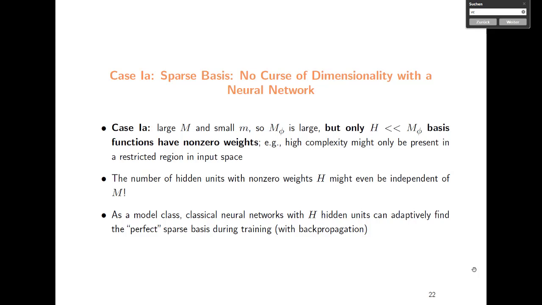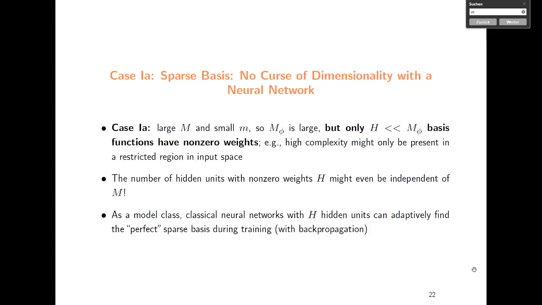So you define a neural network maybe with h hidden units, and in neural networks you adapt internal parameters of the neurons, of the basis functions if you want, such that they search around and find the best subset, considering h hidden units out of the possible m phi ones.